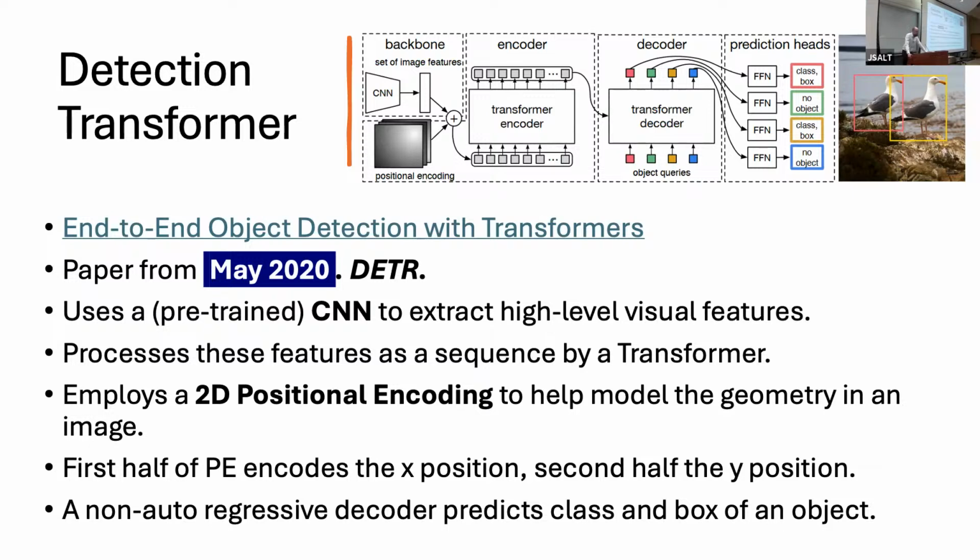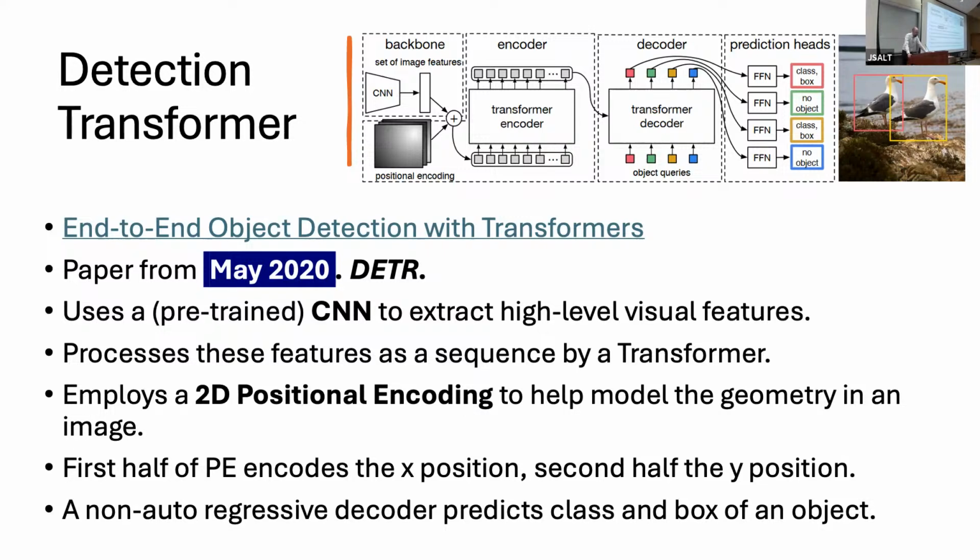They take these features, add the positional encoding to them, and put them in a transformer encoder. They encode these features. And then they use a non-autoregressive decoder to produce the objects.